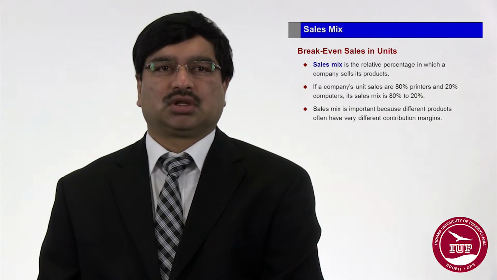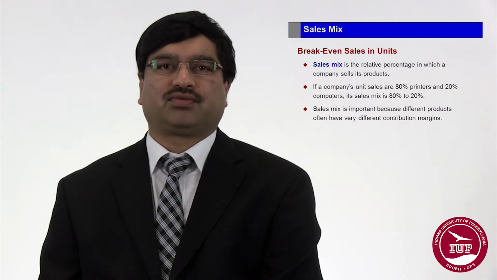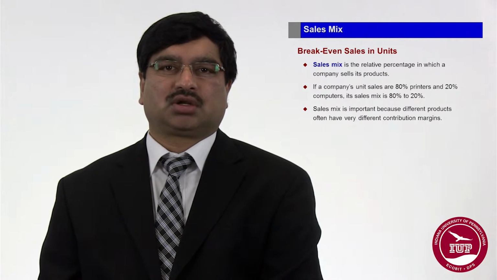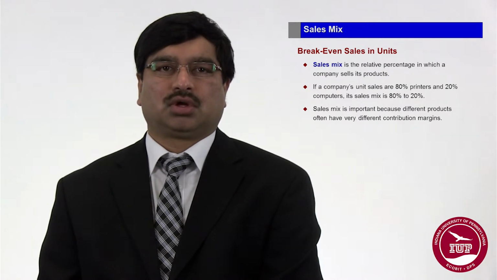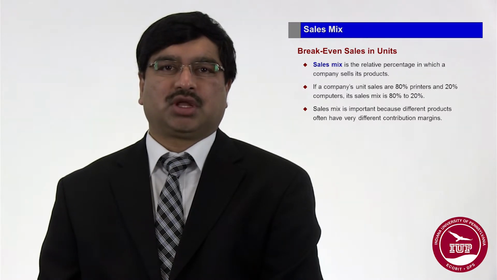Once we have done the break-even point for a single product, we will move on to multiple products now. A company might always sell more than one product. So let's take an example.